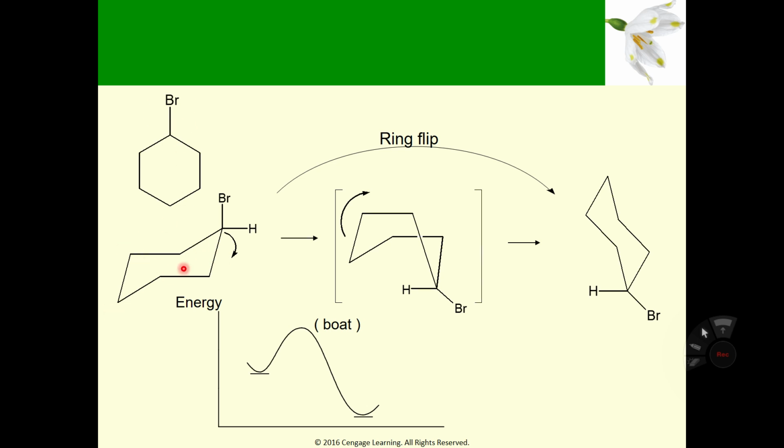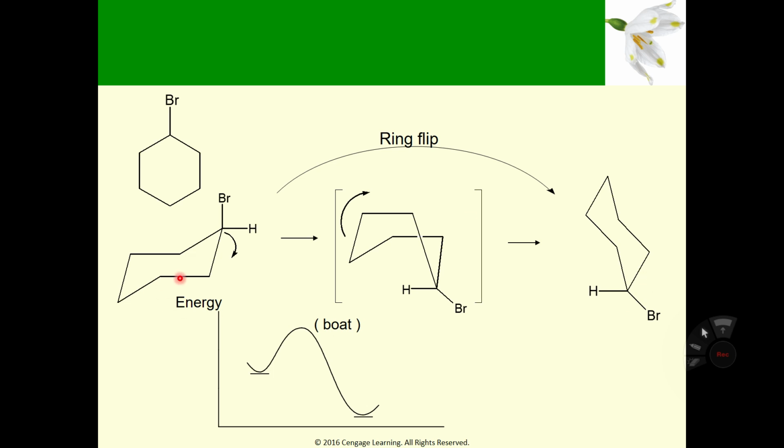This is a chair conformation of a monosubstituted cyclohexane, and let's consider this is axial, okay? And this is equatorial, and we can put it down, and you will have this, right? And you can put this up, then you will have the other conformer.